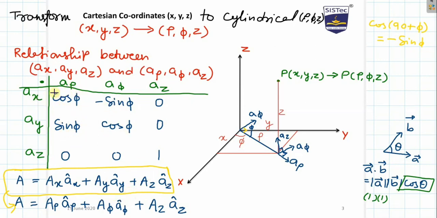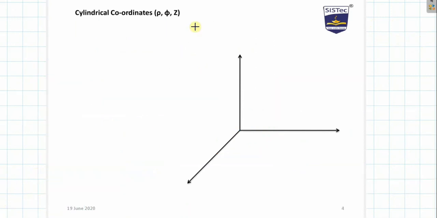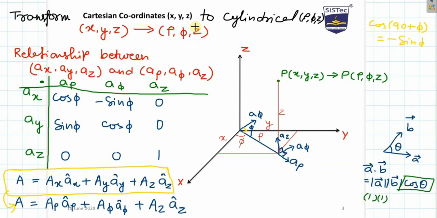Whether we have ax dot a rho or a rho dot ax, the matter is same. So we will have cos phi. We can write this in matrix form.